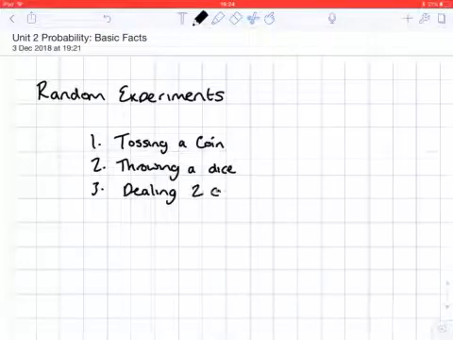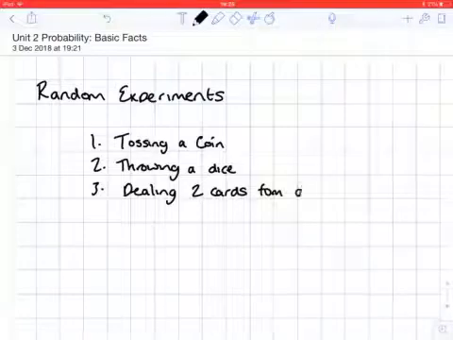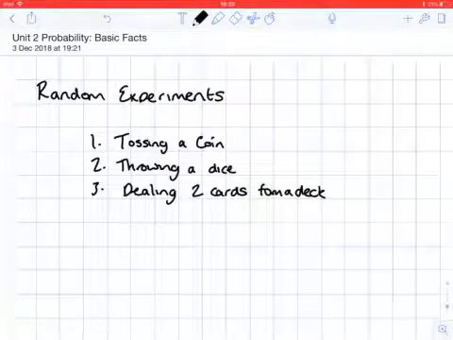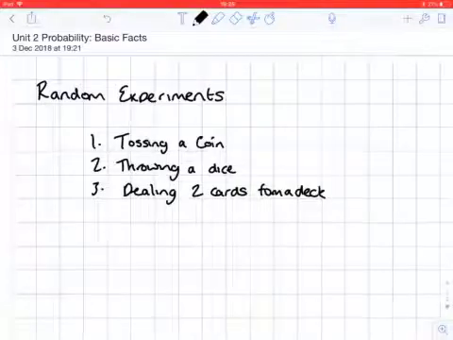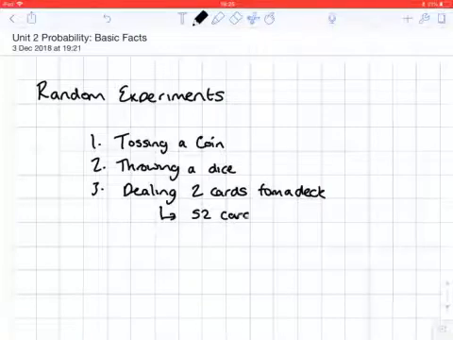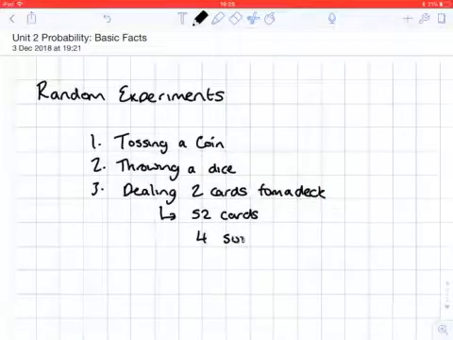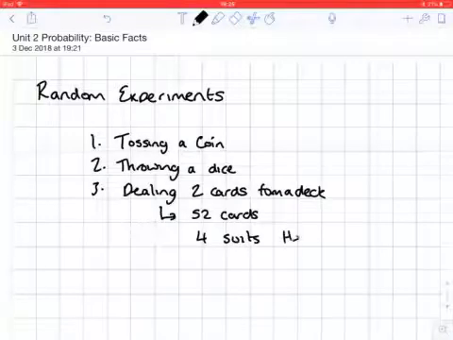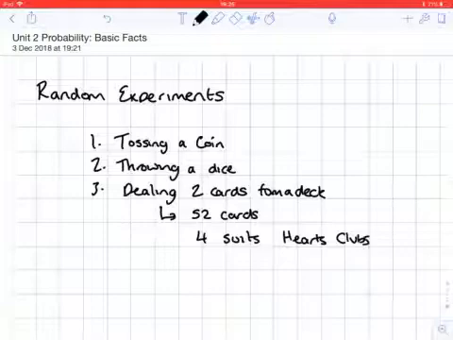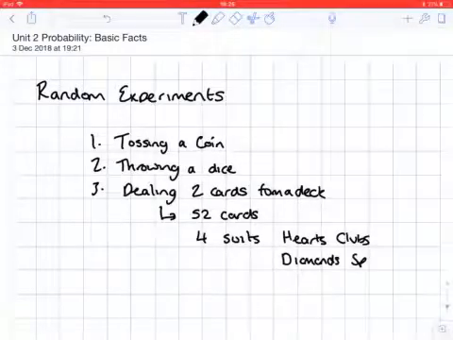Can I just point out there that we have had a few issues in the past of students not knowing about decks of cards. Just to clarify, we have 52 cards in a deck. And of those 52 cards, we have 4 suits, which are hearts, clubs, diamonds, and spades.